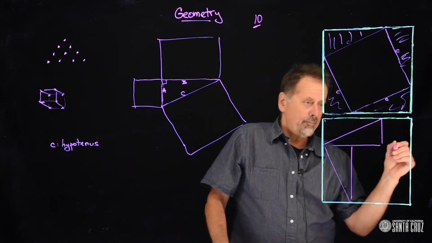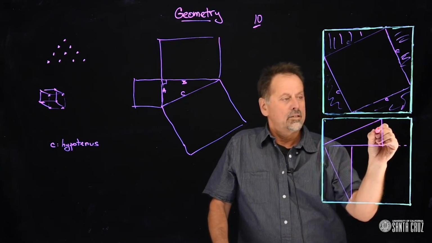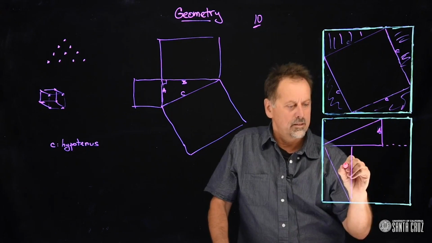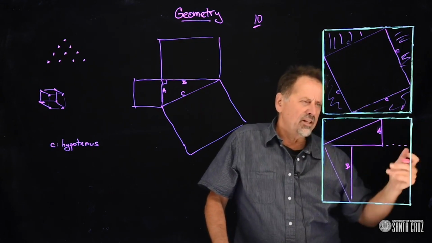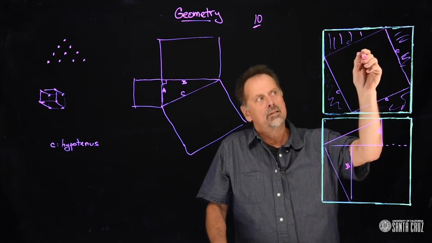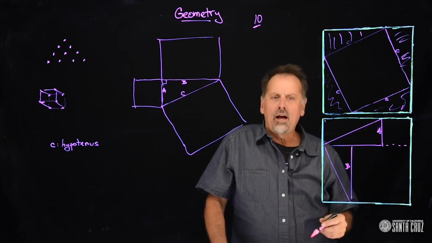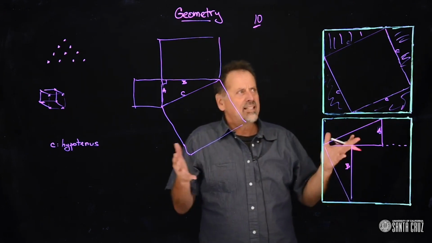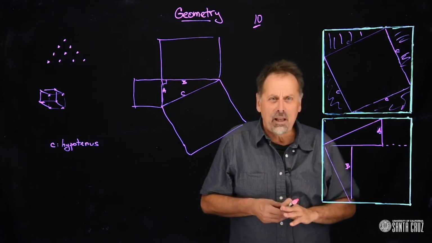What you wind up with left over, this is side B, and this is side A, and this is side B. What you wind up with then is the same amount of empty space, but now reconfigured as the square of side A and the square of side B. In other words, the same amount of empty space as you see with the square of side C, just reconfigured now as the square of side A and the square of side B. So that's an example of how you can prove the Pythagorean theorem really by just playing with the shapes.